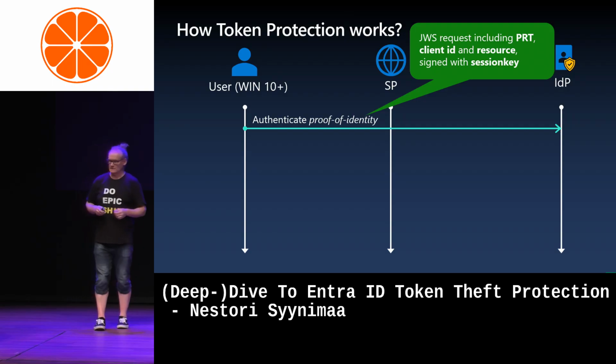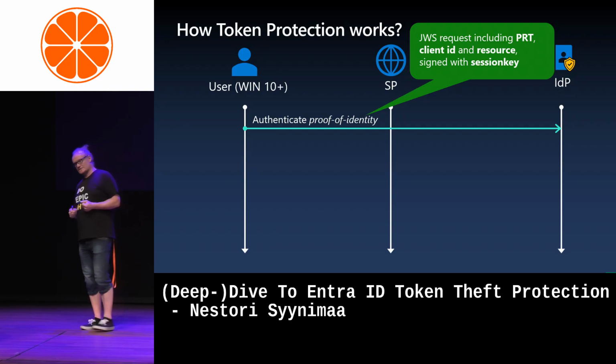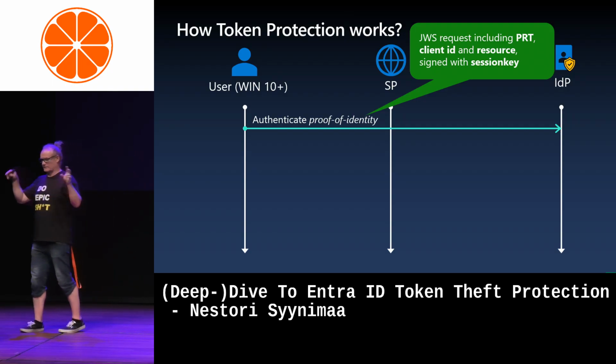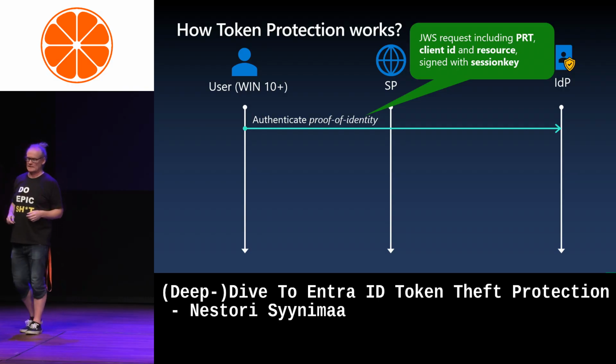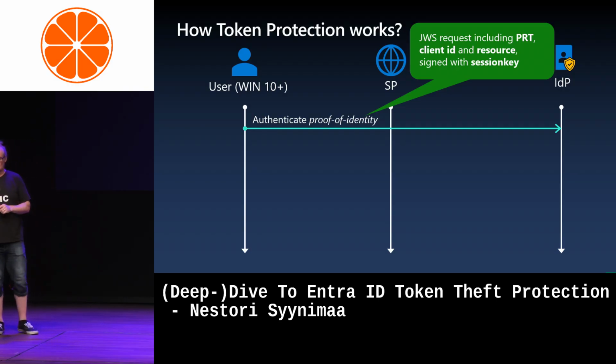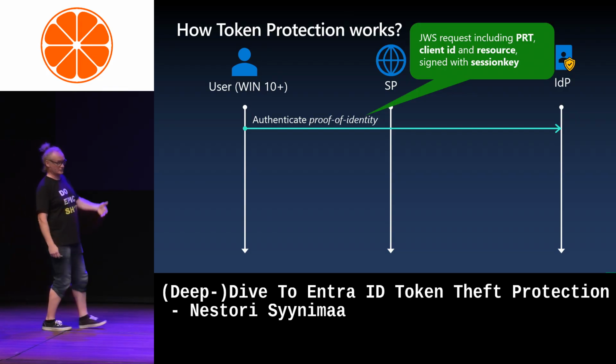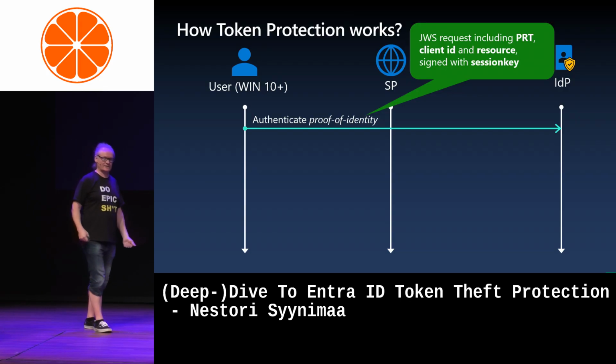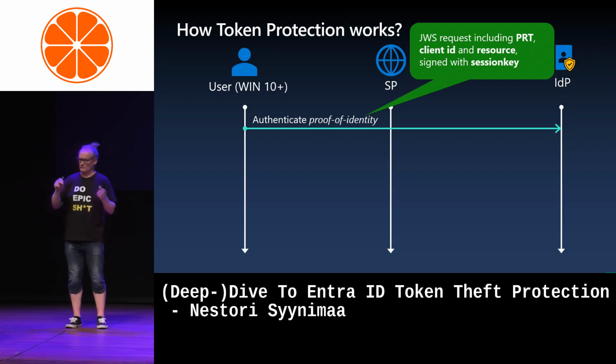It's a thing called JSON Web Signature. It contains the PRT, or primary refresh token, also which client ID you are using and which resource you want to use, and then that is signed with the session key, which is required to use the PRT. They go hand in hand.